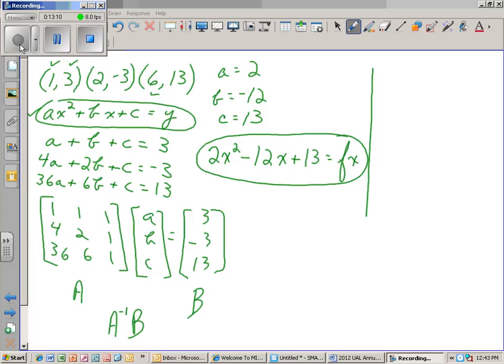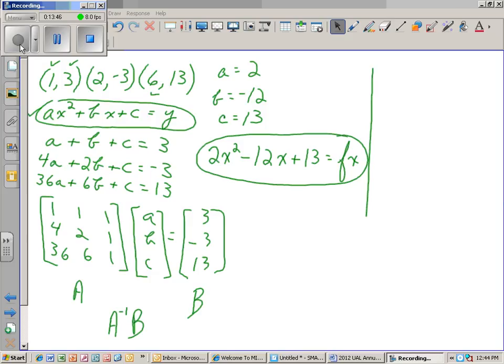I have another way to solve that problem. All right? And this is strictly calculator. If you remember, go to your stat menu. You have a stat button. It's in the second row, the third button over.